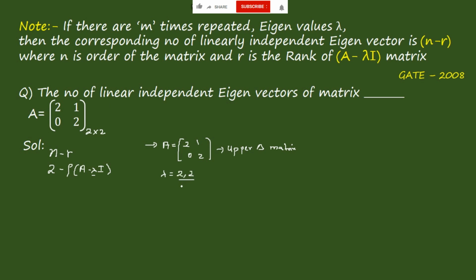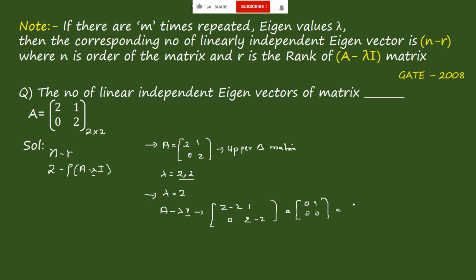So we have a twice repeated eigenvalue. If you consider lambda is equal to 2 and substitute it in A minus lambda I, it becomes 2 minus 2, 1, 0, 2 minus 2, which is equal to 0, 1, 0, 0.